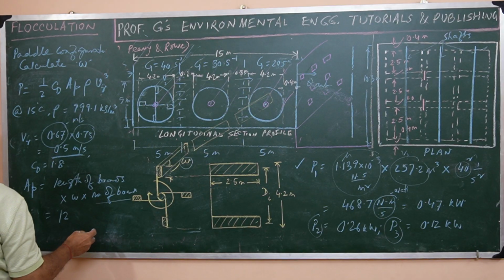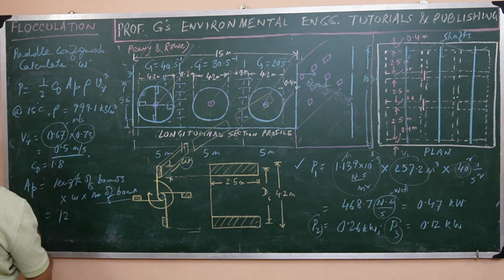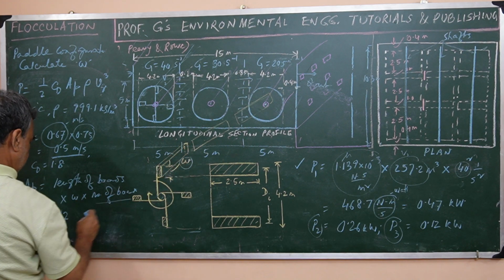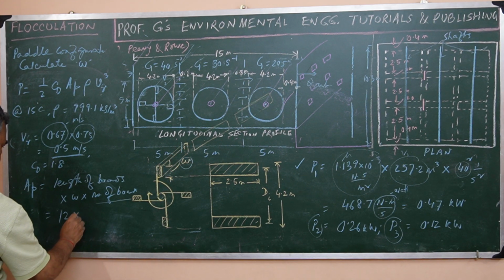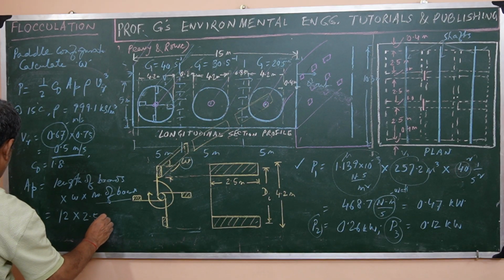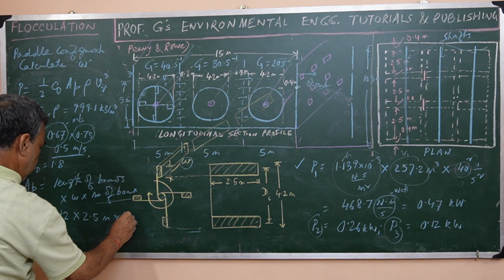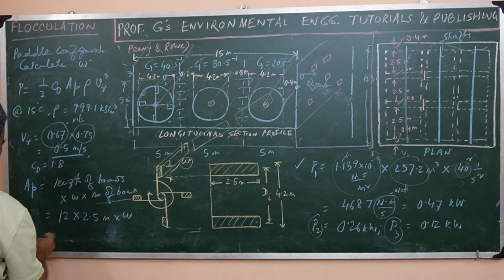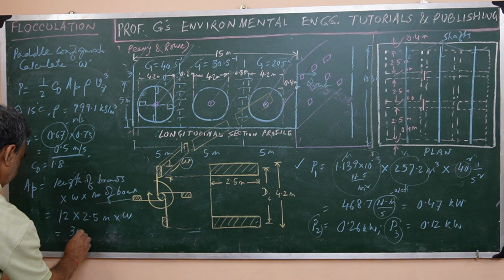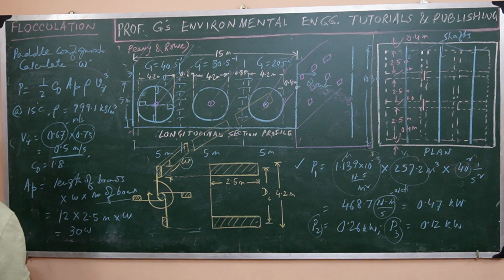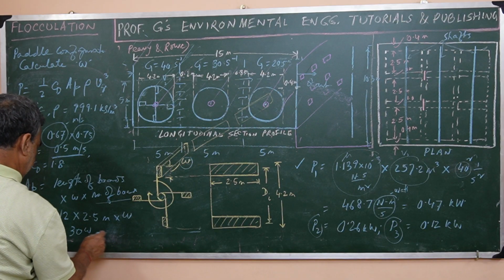So 12, and omega is to be calculated, and 2.5 meter is the length of each. So this would be 12 into 2.5 meter into omega, that is in meter also. So that is equal to 30 omega, that will be your AP.